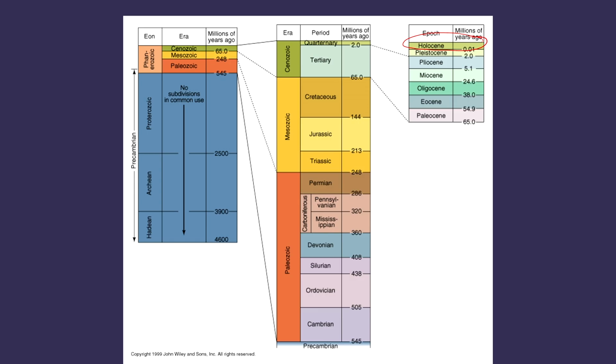It's the youngest portion of the period we call the Quaternary period, and this goes back up to 10,000 years, because most of the industrialization and everything was during this period.